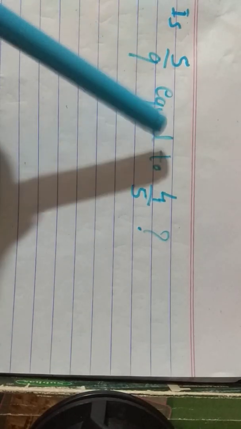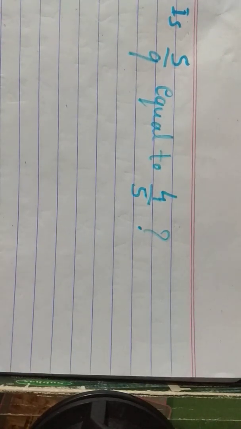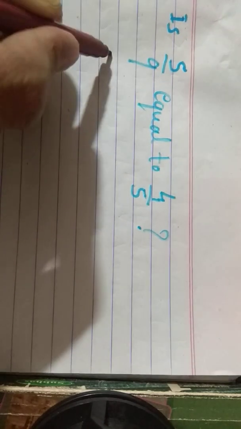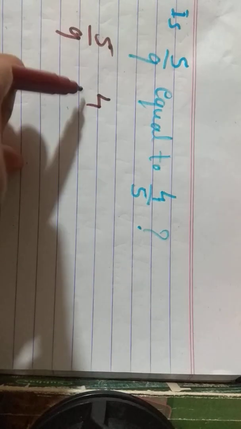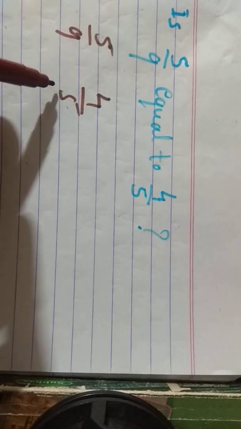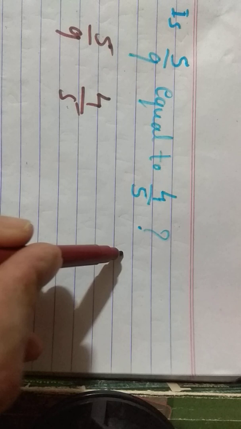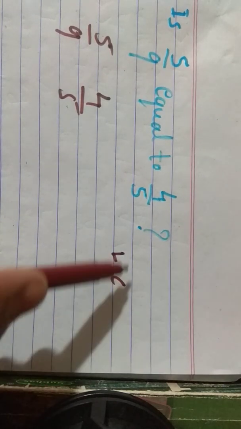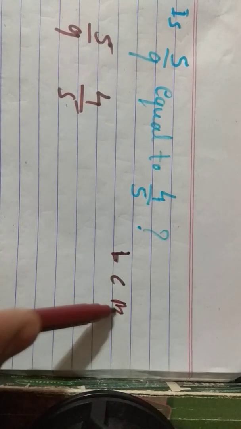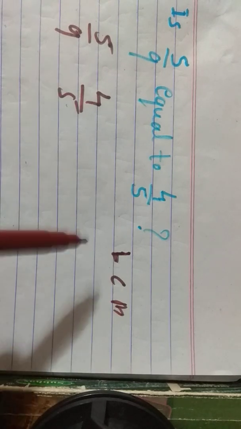Is 5 by 9 equal to 4 by 5? How to check? First let us write the fractions given as 5 upon 9 and 4 upon 5. The denominators are different. So let us find out the LCM of 9 and 5.